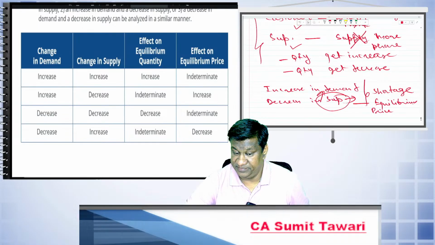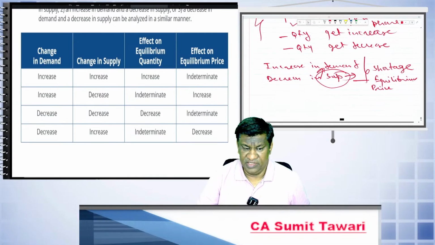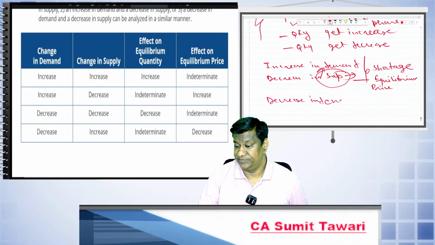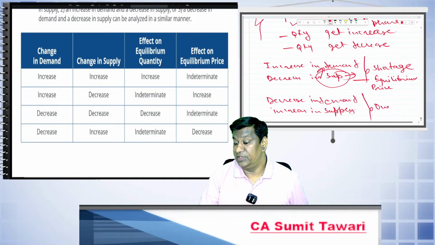The same way, if there is a decrease in demand and increase in supply, this is basically oversupply. In that situation, the supplier needs to reduce the prices, so equilibrium prices get reduced to clear the stock.